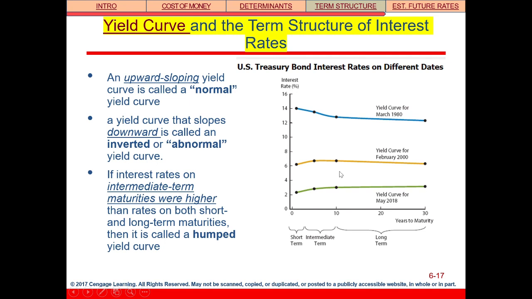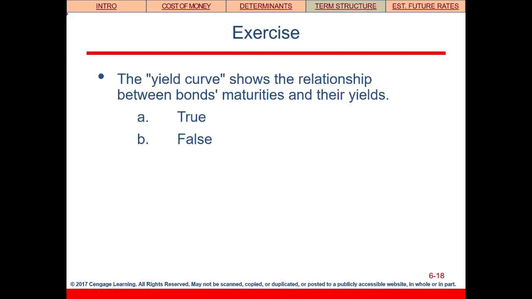Most likely it's because the inflation for the intermediate term is going to be the highest. Inflation is expected to continue to rise for the next number of years in the near future, and then go down in the long future. That's why you observe this peak in the intermediate term, because of the rise in inflation for that period.